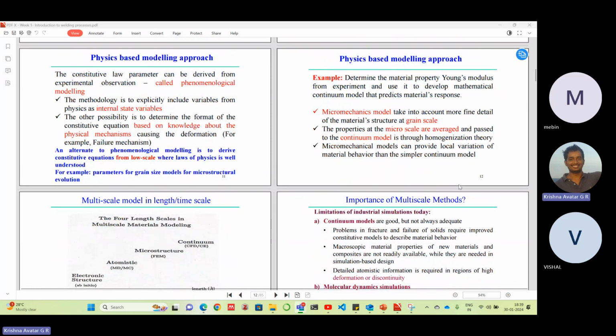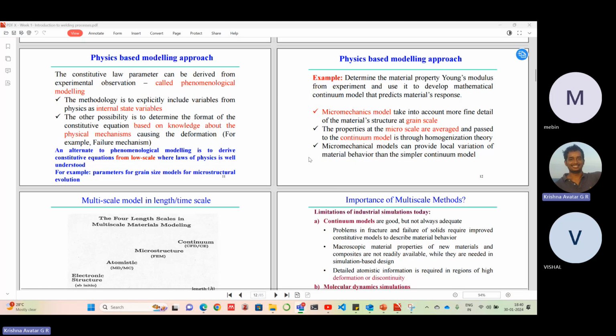Phenomenological modeling takes into account real-life data obtained from certain experiments conducted in the lab. It usually does not tend to be physically consistent or rigorous, but it does relate certain properties in the equilibrium equations quite well.